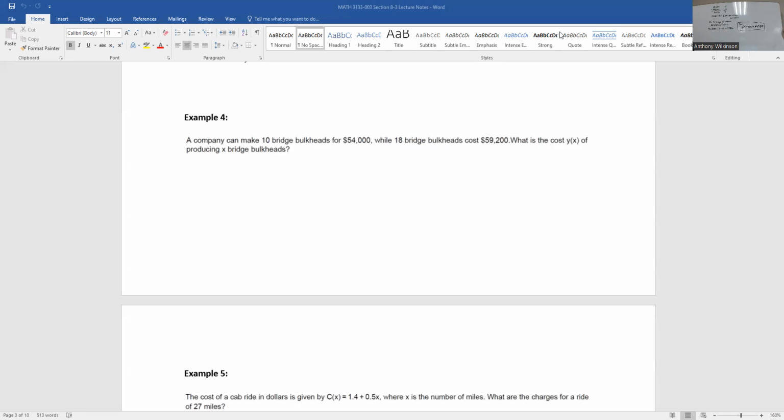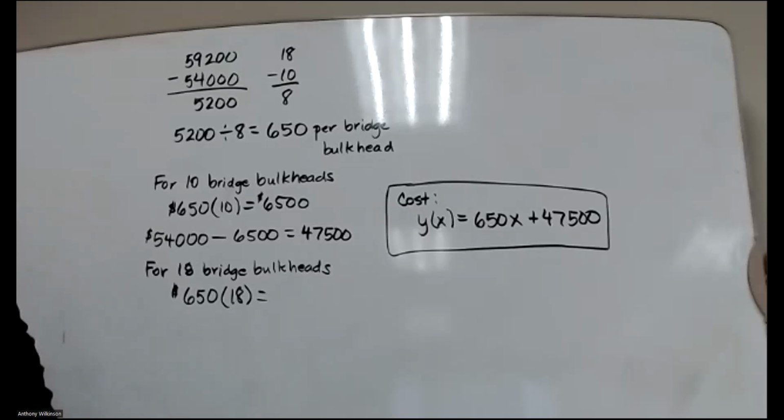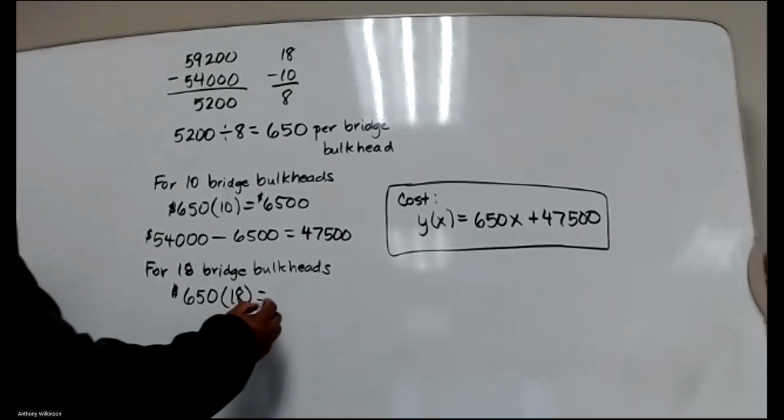And you probably can do the same thing by finding out how much it is for 18 bridge bulkheads. $650 per bulkhead times 18. Stop sharing so y'all can see this. So 650 times 18, that amount would be $11,700.